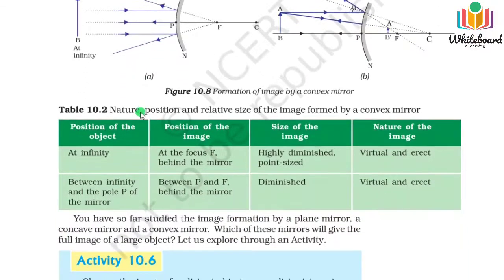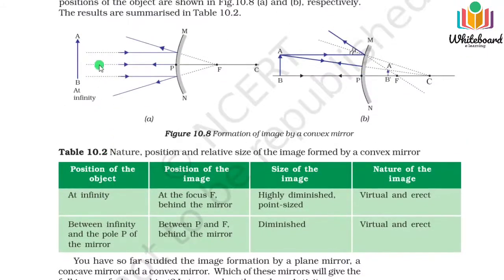You can see here one tabular form is given. So positions of the image at infinity. So one case is infinity. If you place the object at infinity, coming from infinite distance, the rays will be parallel, and fall on the surface of the convex mirror, and this will reflect back from this surface.